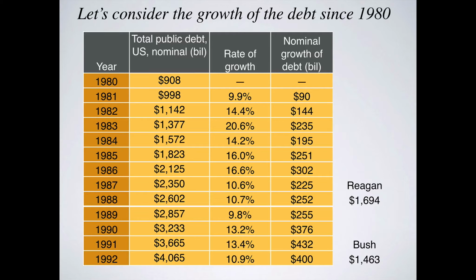By the end of the Reagan-Bush years, 81 to 92, the deficit started off right about $1 trillion and ended up at $4 trillion. Wow, that's a really big expansion in a pretty short period of time.